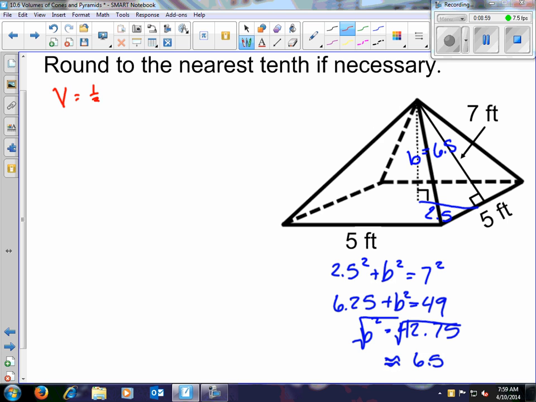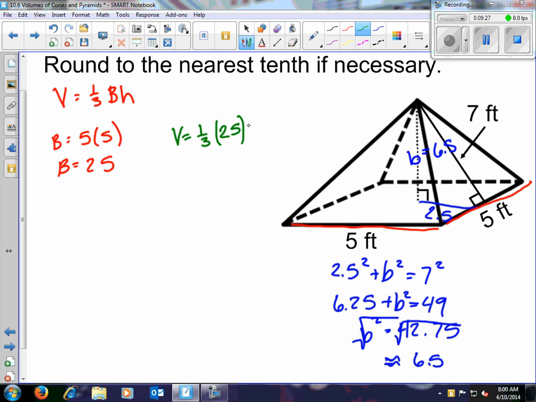So I have volume equals 1/3 times the area of my base times height. The area of my base is equal to 5 times 5 again, because I have a square base, and this length is 5 times this length, which is also 5. So I have the area of my base is equal to 25. So then I have volume is equal to 1/3 times area of my base, which is 25, times my height, which is 6.5.